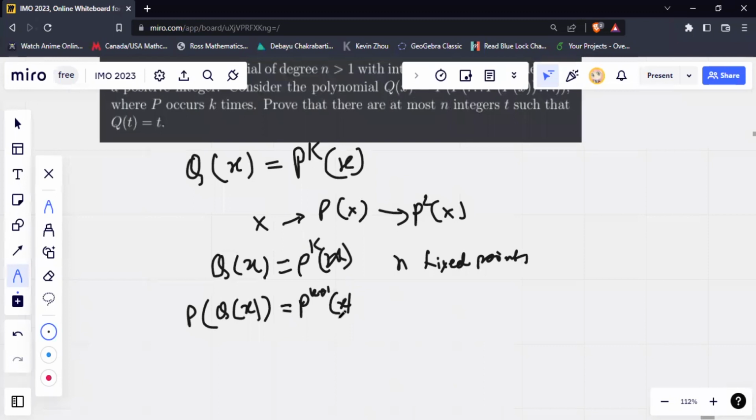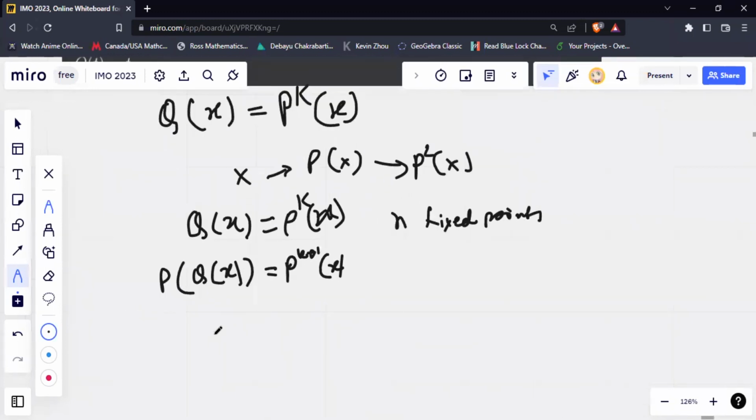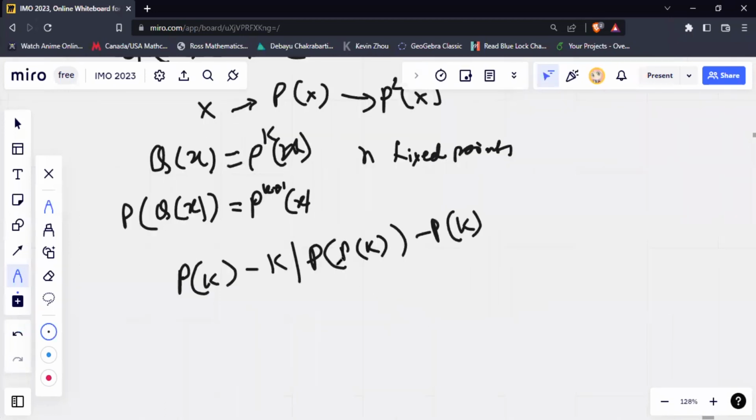If we take k equal to 2, then P of P of x minus P of x is divisible by P of x minus x. So at every point where P of x is x, wait, no, this leads to no new information. Okay, so you're saying P of x minus x divides P of P of x minus P of x. Yes. And then? This does not work actually.